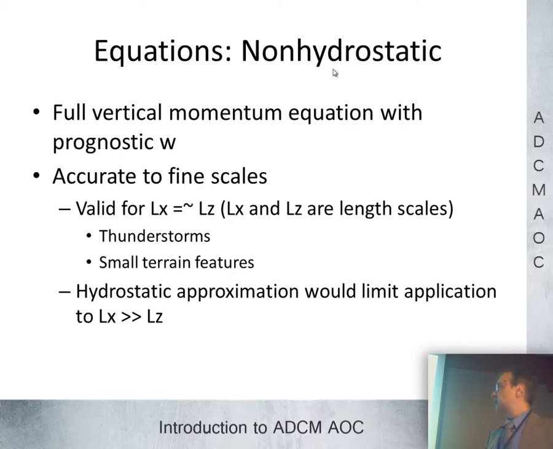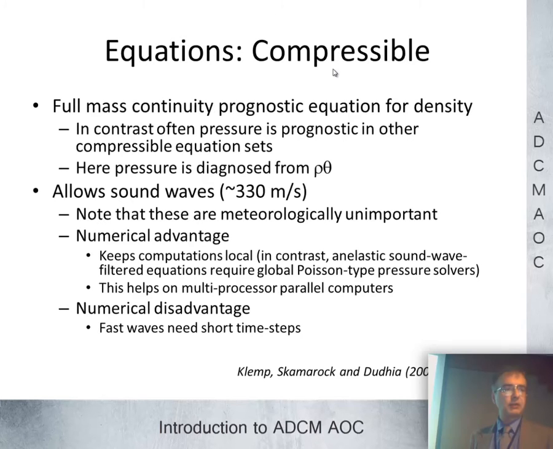The hydrostatic approximation would limit applications to where the horizontal length scales are much larger than the vertical length scales of the things you're dealing with. So synoptic weather systems, more synoptic scale models are usually hydrostatic, but when you get to the more cloud scale models like this one and WRF, you have to have a non-hydrostatic set of equations.